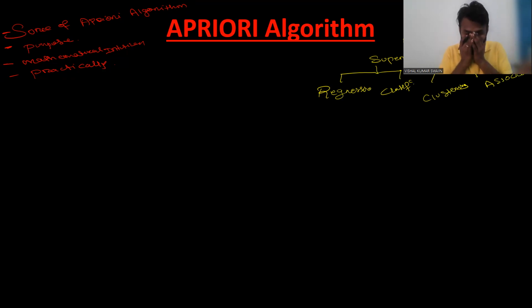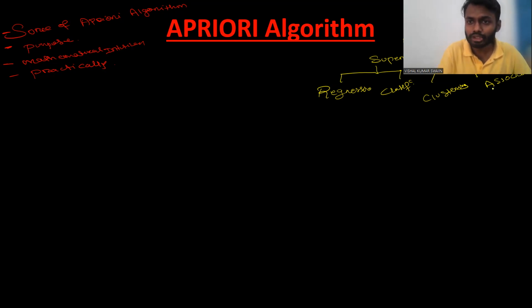So here regression deals with continuous values, classification also deals with some value, and clustering also deals with some value. But here we'll focus on the association part. Association is part of unsupervised learning, and unsupervised learning is part of machine learning. Till now clear? Very good.